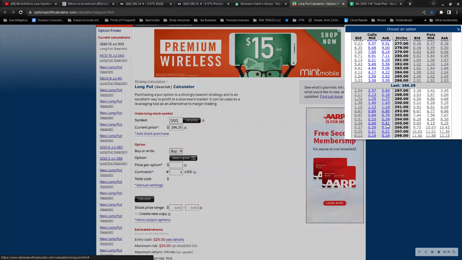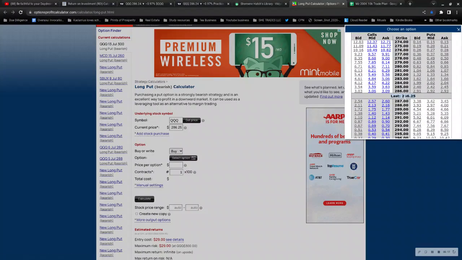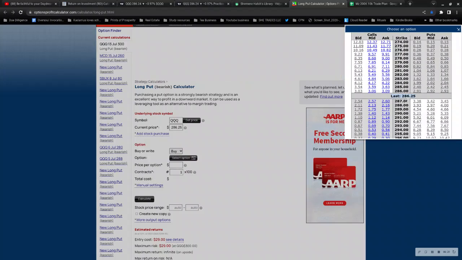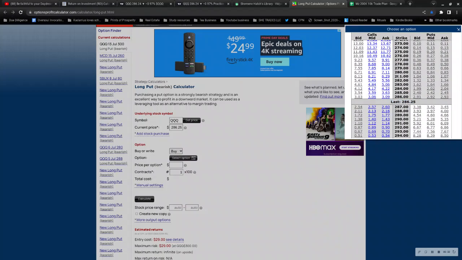If I'm looking for a bearish move, I'm going to look over here in the puts and do the same thing. I would subtract 286 minus 5. And then I would go to the 281. So I would anticipate that if QQQ stock dropped, it would drop $5 and would end up closing at 281.